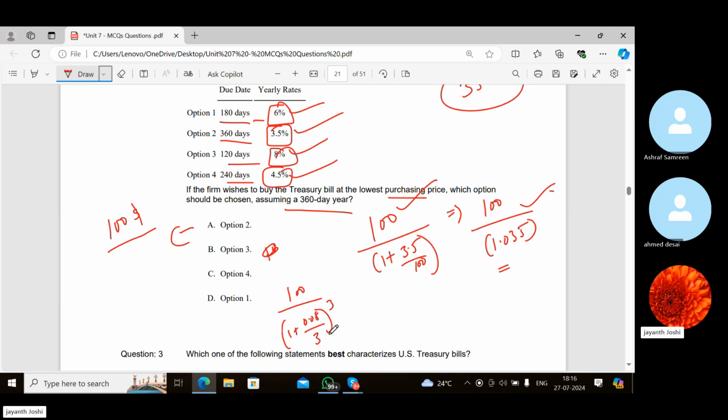It's going to be 2.6. So 100 divided by 1.026 whole power 3, for the lowest purchasing price.